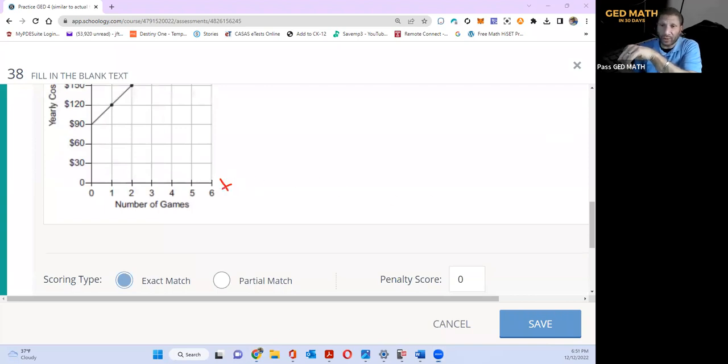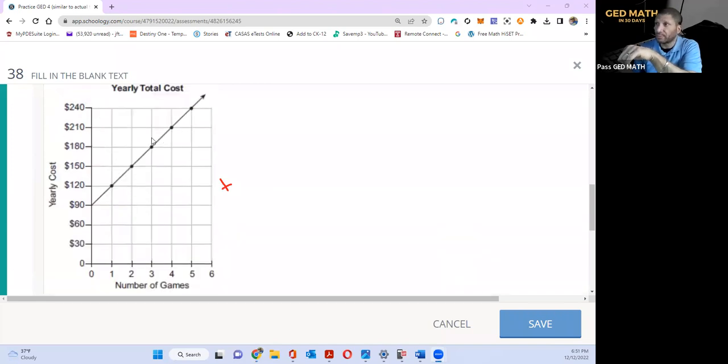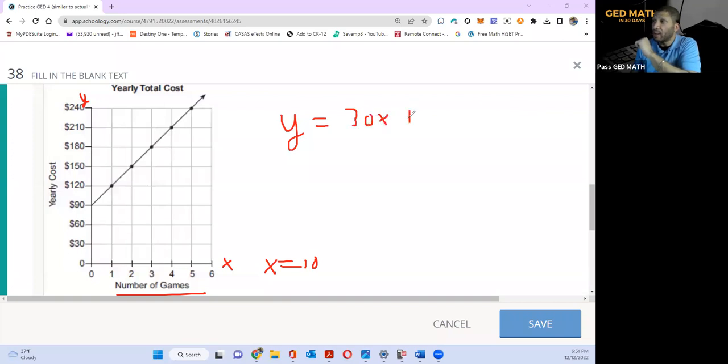It's telling you what the X is. It said the number of games is 10. The number of games is your X-axis. So they're telling you X is 10. So we look at our equation and we had 30X plus 90.